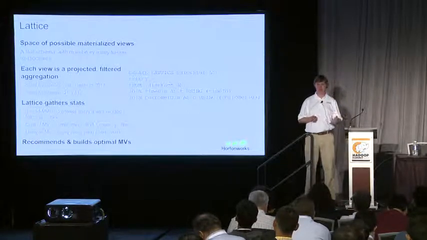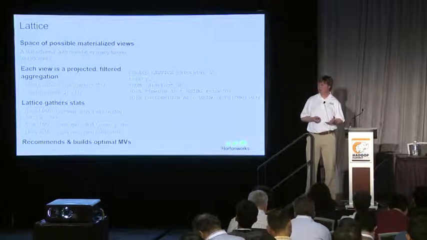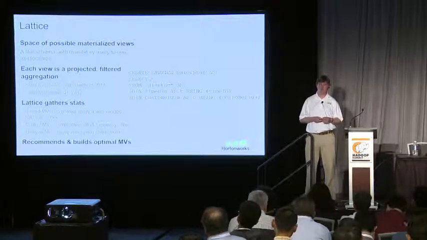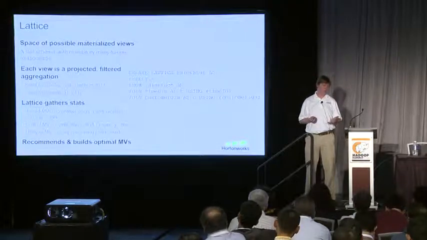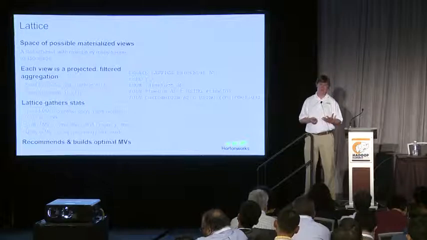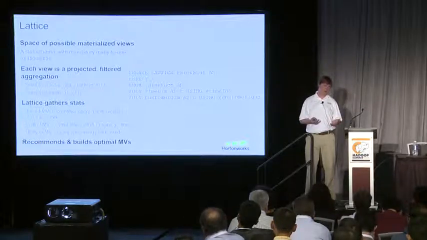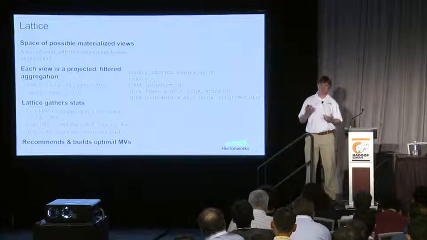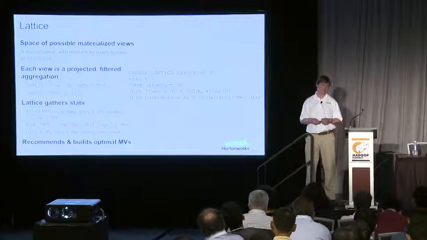For the classic BI use case, which is still as prevalent as ever, it's very typical for the data to be arranged in a star schema, a central fact table with lots and lots of records, dimension tables describing those records like products and time periods and customers and so forth.